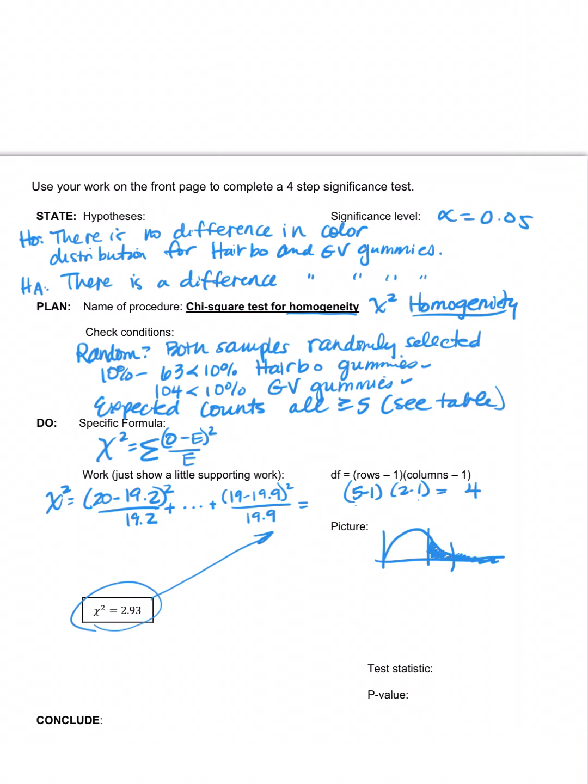So a lot of our curve gets shaded in, I guess you'd say. So what would you expect the p-value to be like? Pretty large p-value, right? Okay, so we're just rewriting here. 2.93. The p-value actually comes out to 0.57. Can you believe? It's a very large p-value.